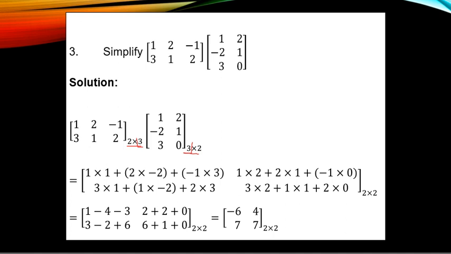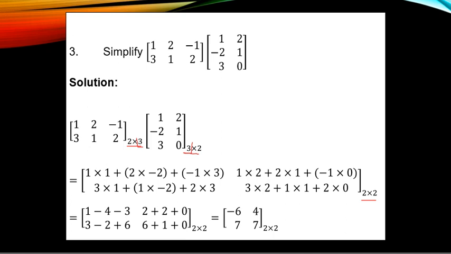That means multiplication is defined, and our solution is going to be a 2 by 2 matrix. Number of rows in the first matrix and the number of columns in the second matrix.